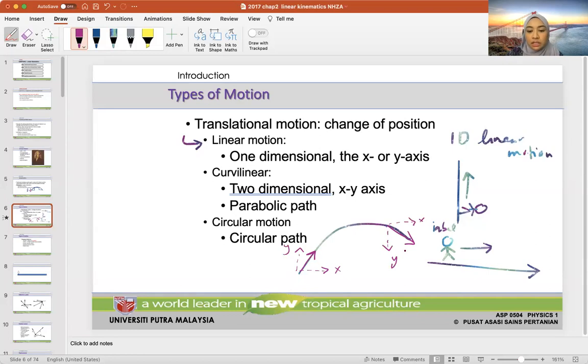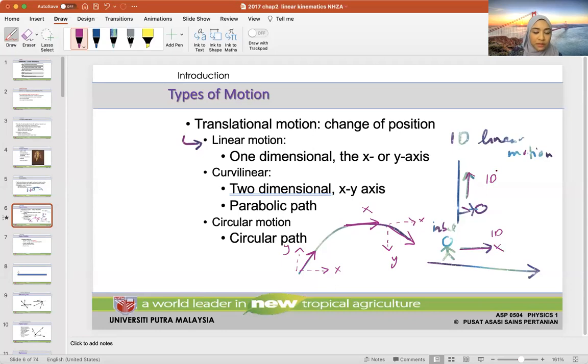So this is two dimensional except for this part. This part only has X component. So when you can have components in the X and the Y, it is considered two-dimensional motion. Iqbal tadi dia jalan, bila kita nak dissect vector ni, it's only in the x. So this is one dimensional. Bila kita nak dissect this vector, it's only in the y. So this is one dimensional.